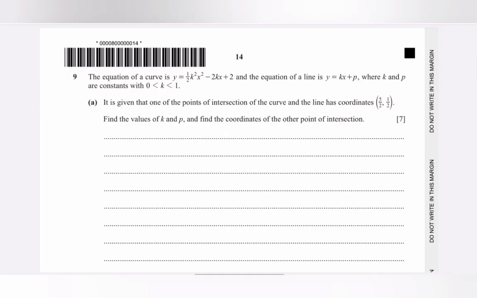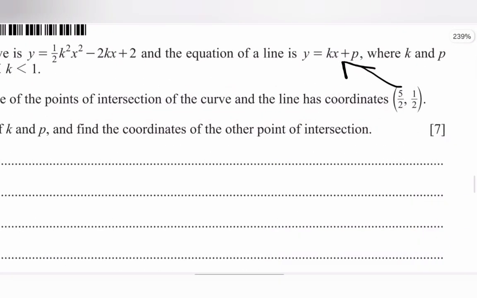And it says find the values of k and p and find the coordinates of the other point of intersection. So for that given point, we're going to try and substitute those values into these equations. So for y equals kx plus p, I'm going to say y is half when our x is 5 over 2.